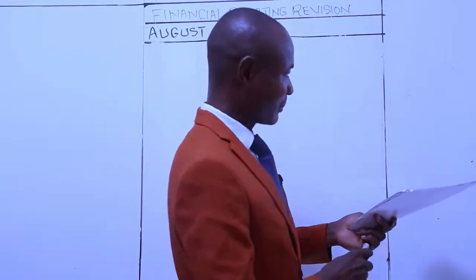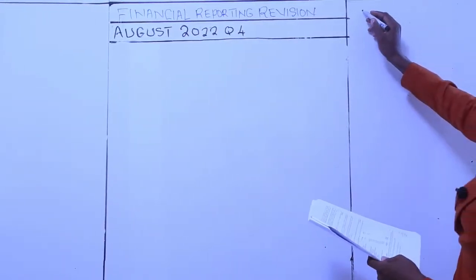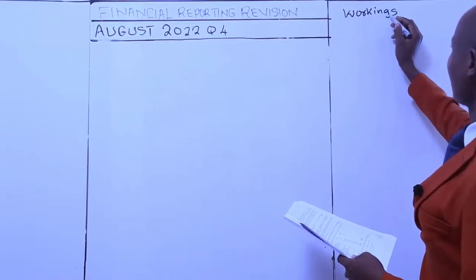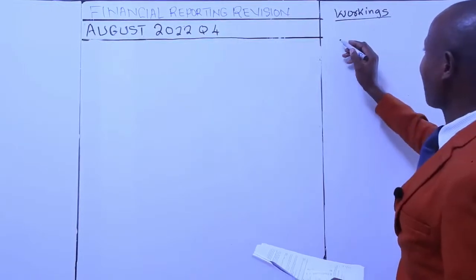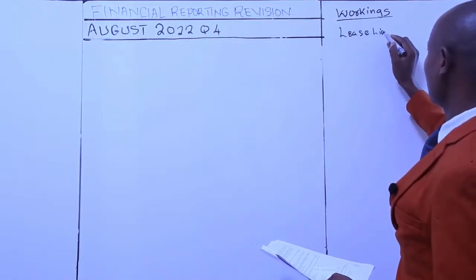So workings, and our first working, we want to get the lease liability, which has not been given here.